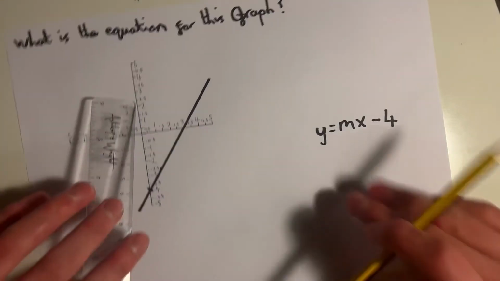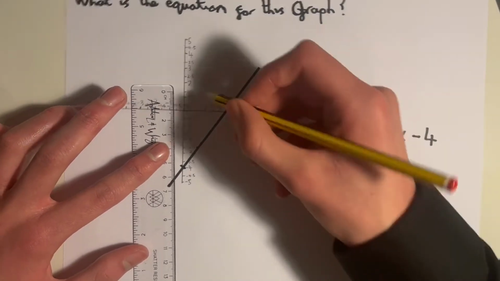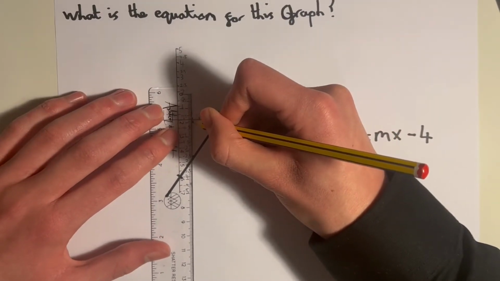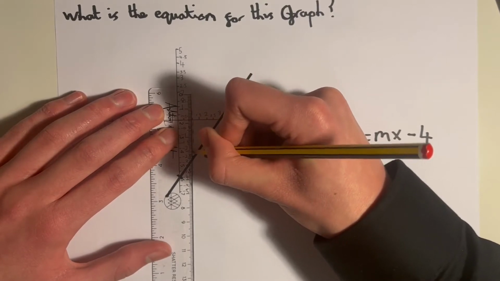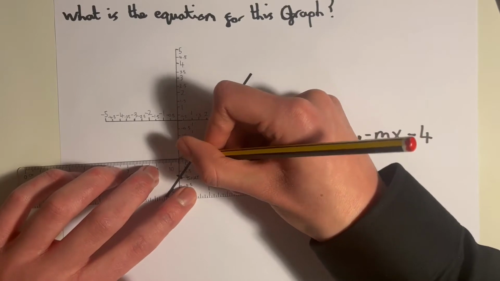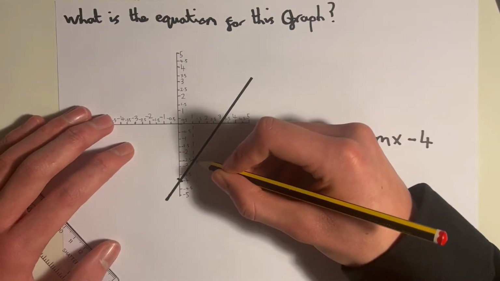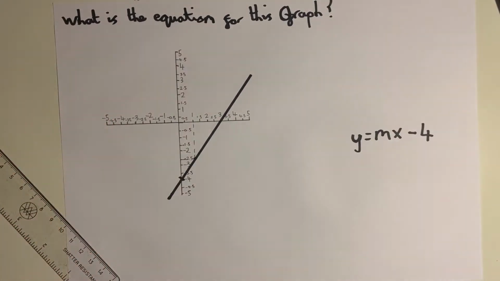So when this graph moves from 0 x to 1 x, it goes from -4 y to -2.5 y. So as you can see, it's gone up 1.5 when it's gone across 1.